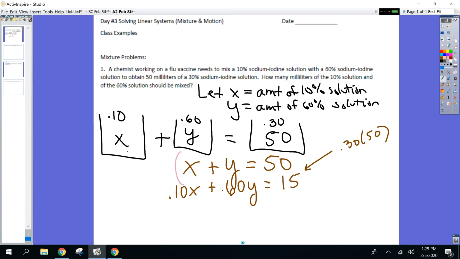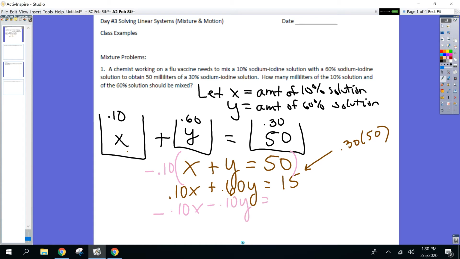What do you want to multiply the top by? Negative 0.10, or you could do negative 0.60 if you want to get the y's out by itself. Fine. So I'll do negative 0.10. Distribute. Negative 0.10x minus 0.10y.